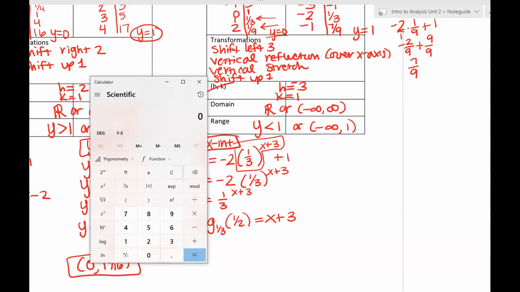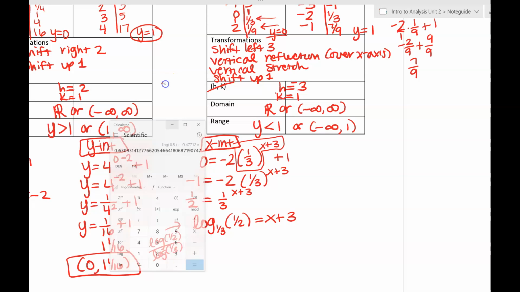So I prefer the graphing calculator for this reason, but here I'll just find out what the log of 1/3 is, like a lot of you guys would do. So the log of 1/3 is negative 0.47712, and then I'll divide the log of 1/2 by that. So the log of 1/2, and then that needs to be divided by 0.47712, that's also negative, and that gives me 0.63.